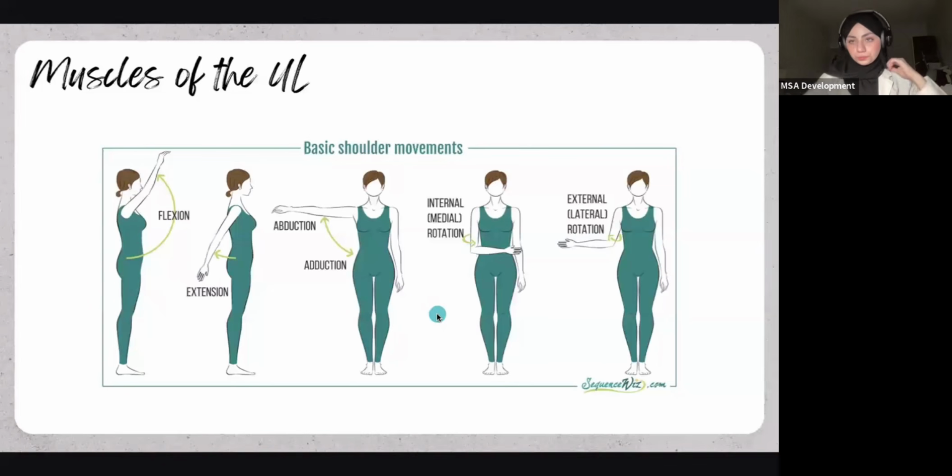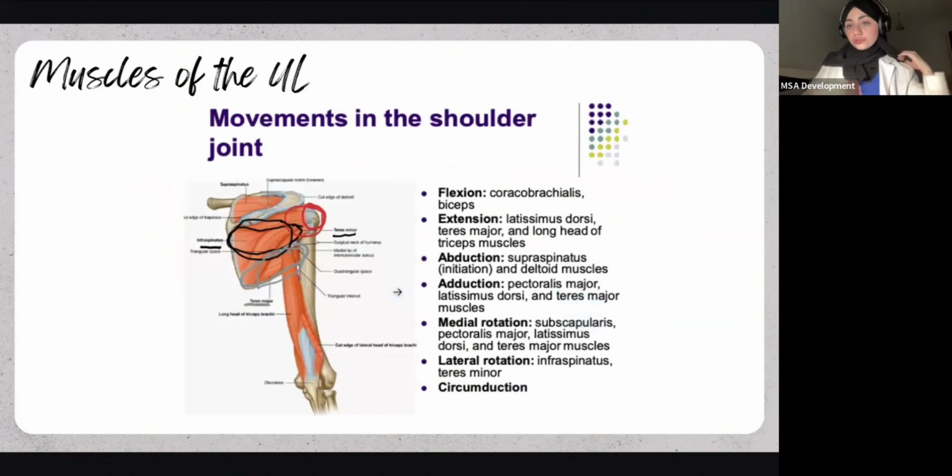Now, we are going to be moving on to the muscles that allow us to do all these lovely movements. And again, recall that the shoulder joint is a ball and socket, which means, honestly, I'd spend more time learning the movements of other joints rather than the ball and socket ones, because ball and socket can do all movements.